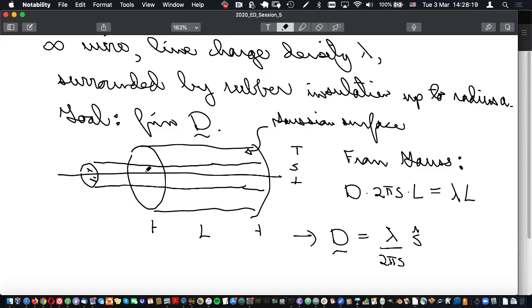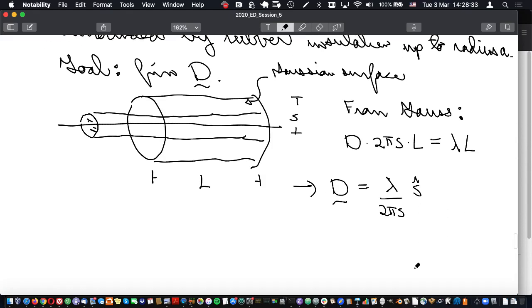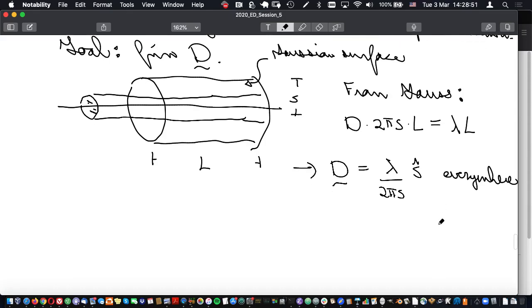The rubber would polarize, so there would be negative charge close to the little wire, and then positive charge accumulated at the outside. That would change the field that you see. But the fun thing here is that this is the solution that we have everywhere. This is valid both inside the rubber and outside of the rubber.